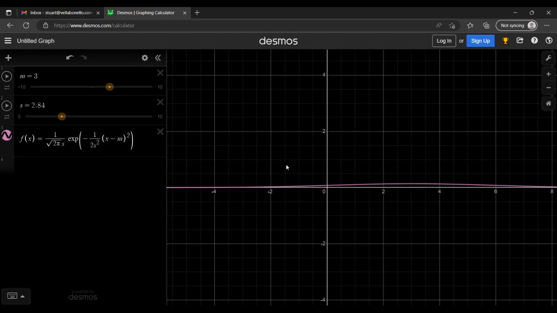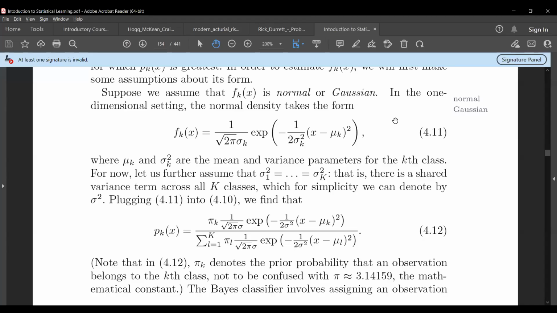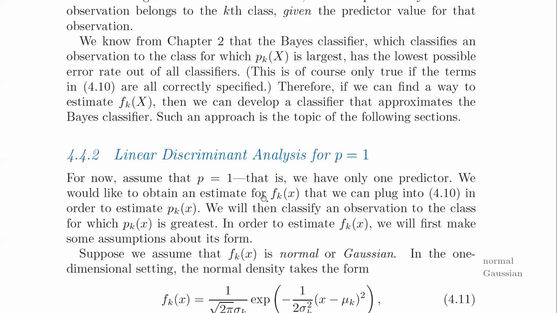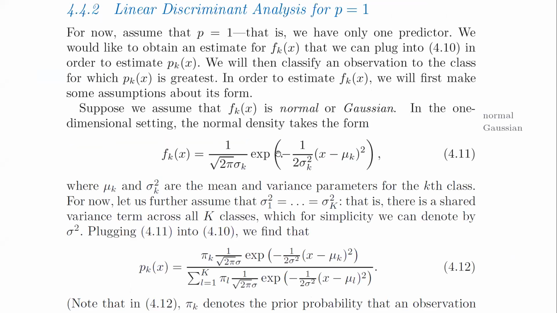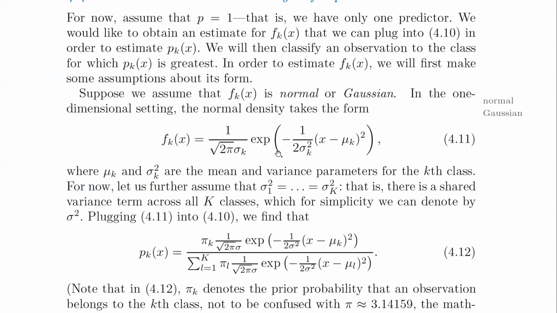Now, let's see. So this is just an assumption. So it's not a question of why, it's just an assumption. Our assumption is that we're going to work with an FK, which is normally, or also known as Gaussian, distributed.